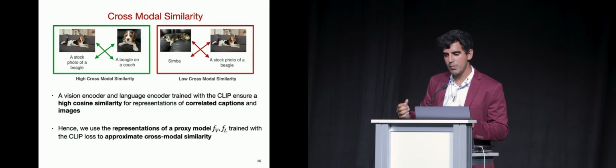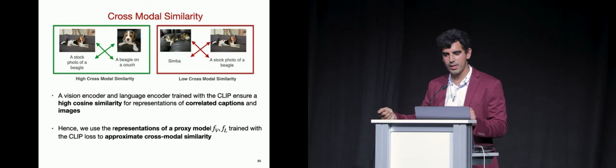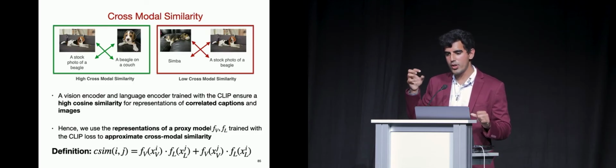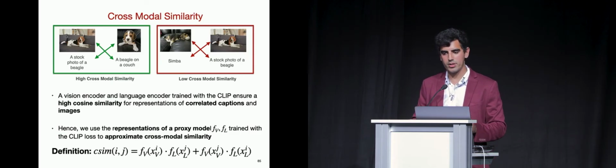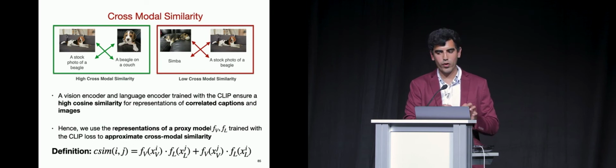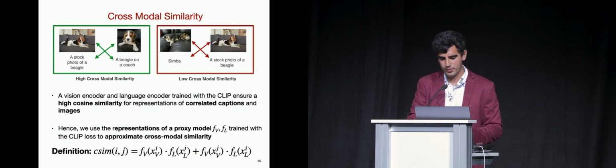So now, similar to the previous case, we have to find a way to approximate this tractably. And we can use the intuition that a vision and language encoder trained with the CLIP loss are automatically going to ensure that you have high cosine similarity for representations of correlated captions and images.